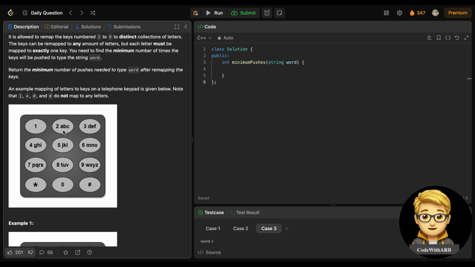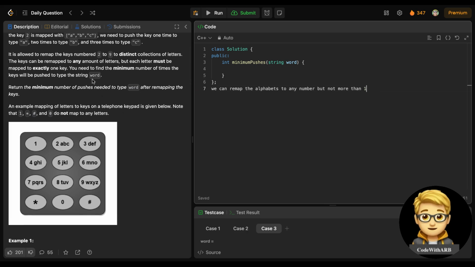So A cannot be present in both 2 and 5. A can only be present either in 2, or in 5, or in any one number. So we can simply remap the alphabets to any number, but not more than one.